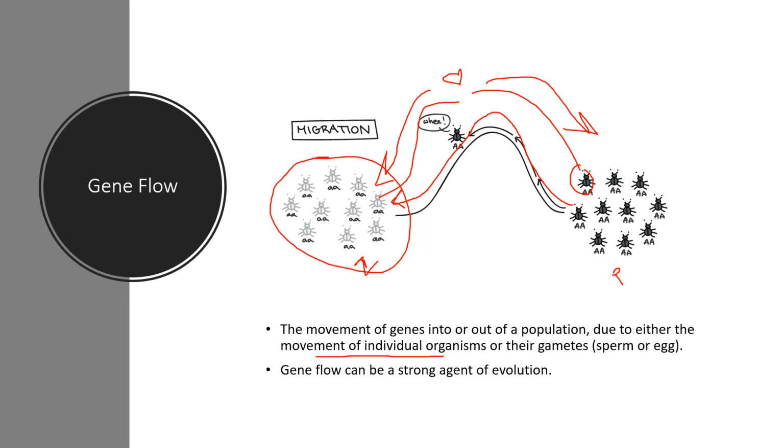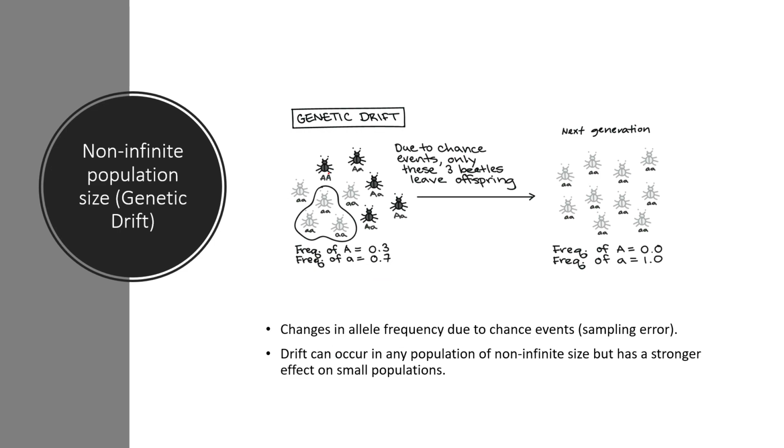The next one, when we're looking at population size, is kind of interesting. I think it's kind of fun, but there are different types. The first one is genetic drift. With genetic drift, we're looking at population sizes changing and becoming very small. This can happen due to chance events such as natural disasters or human effects.